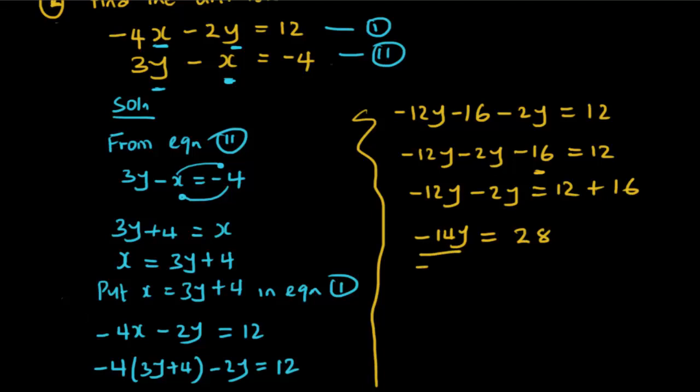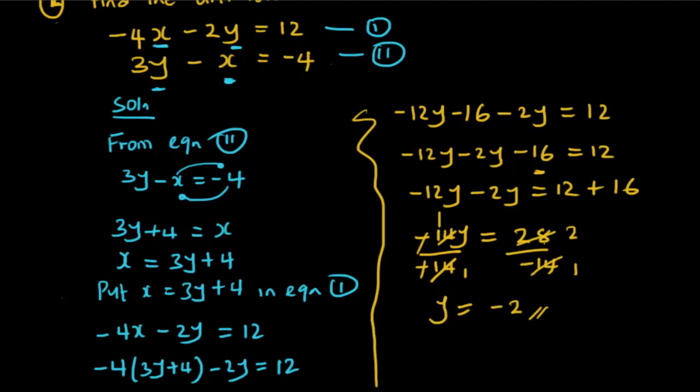To get y, I divide both sides by minus 14. Minus cancels minus. 14 here 1, 14 here 1. I'm left with y. Then 14 here 1, 28 here 2. So this 2 divided by minus 1 is the same thing as minus 2. So I know y as minus 2.